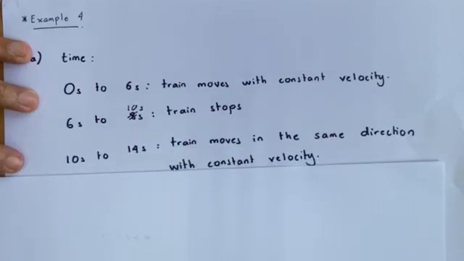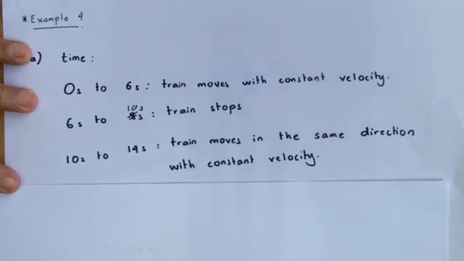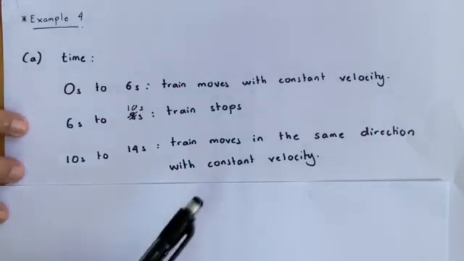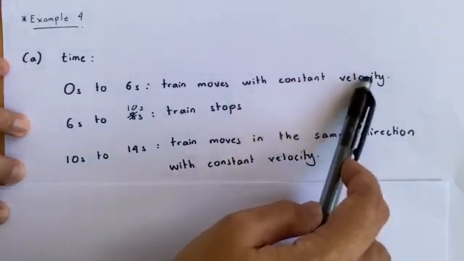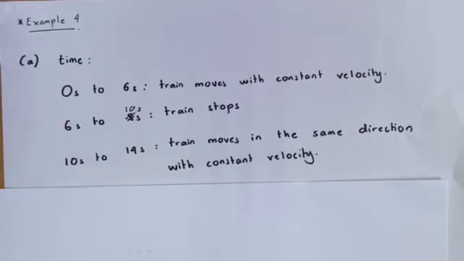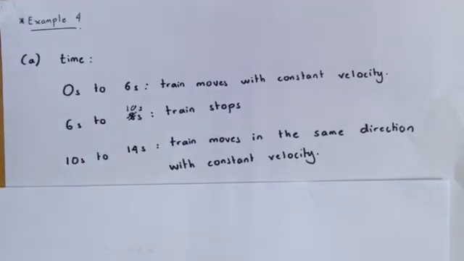As for the next one, from 10 seconds to 14 seconds, our toy train moves in the same direction, but with, once again, constant velocity. I just use constant velocity here because we weren't asked to calculate the exact velocity of the train each time it moves. Okay, so that's for part A.